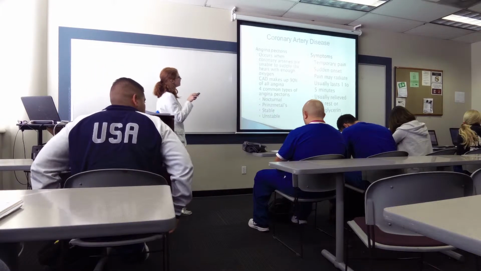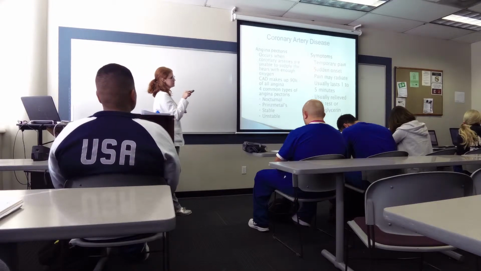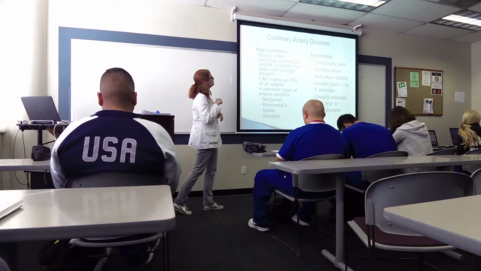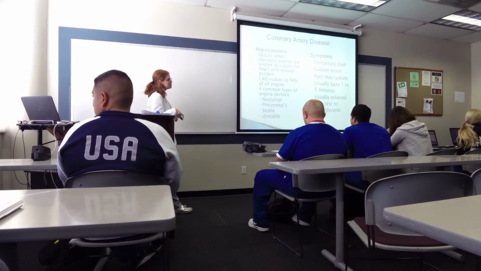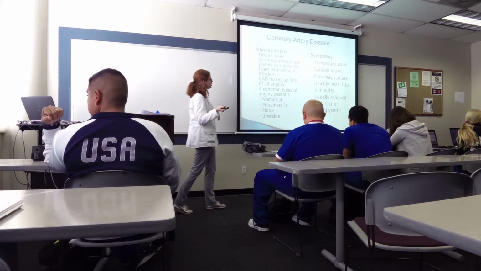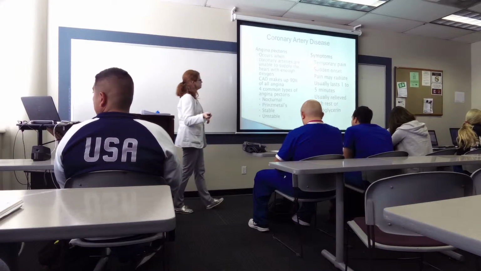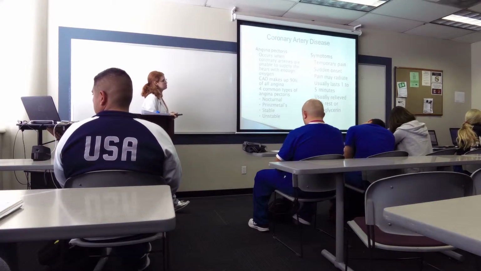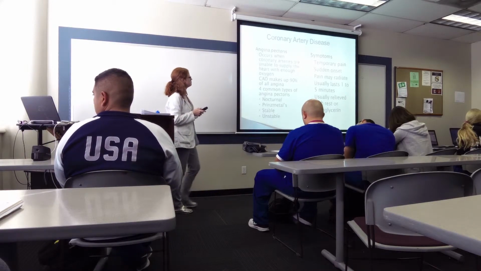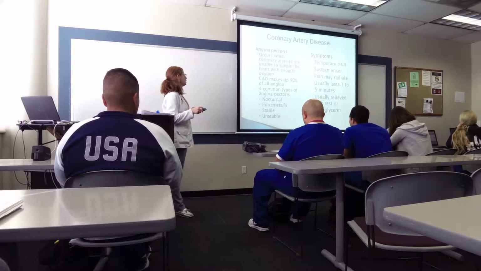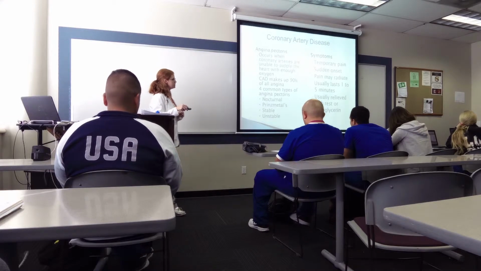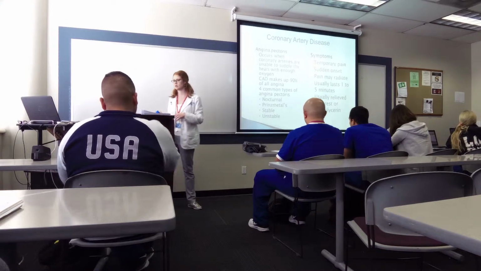Okay, so this pain called angina pectoris, in the pec region, happens when the coronary arteries are unable to supply the myocardium with enough oxygen. Okay, we have 4 different types, and you have to know the difference between them.